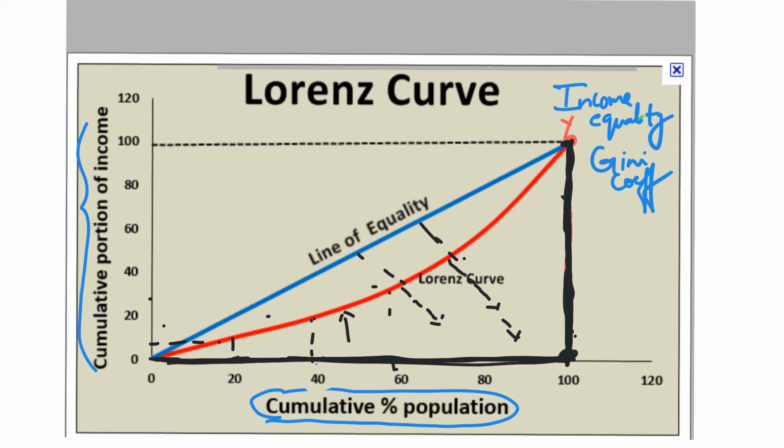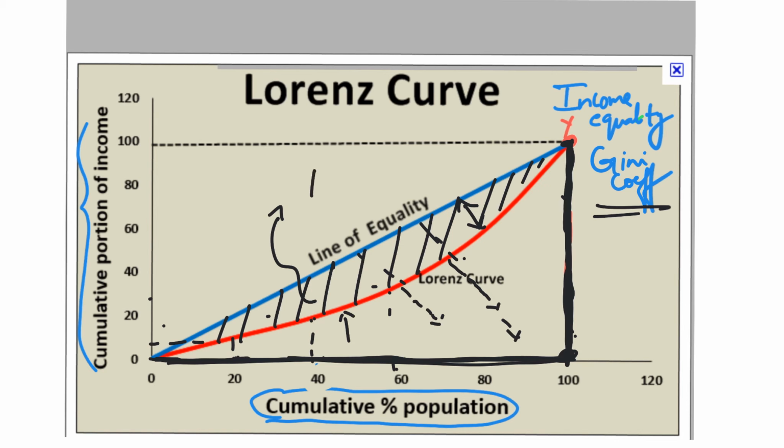Now let's understand what this Gini coefficient is. This was given by an Italian economist, Mr. Gini. What he tries to explain is that the Gini coefficient is measured using this concept. It talks about this area, the area between the line of equality and the Lorentz curve.